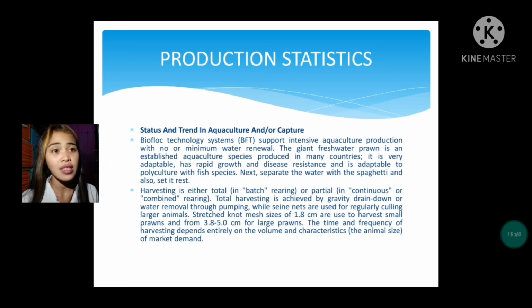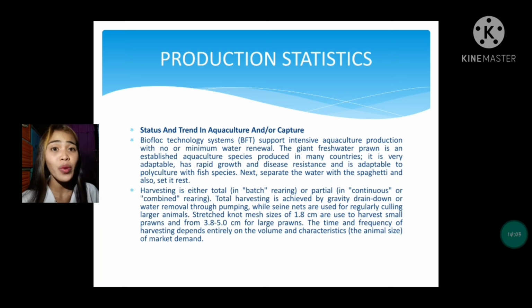As I said a while ago, almost all countries have giant freshwater prawn because they grow easily. They do not need a lot of requirements unlike other species. It is very adaptable.